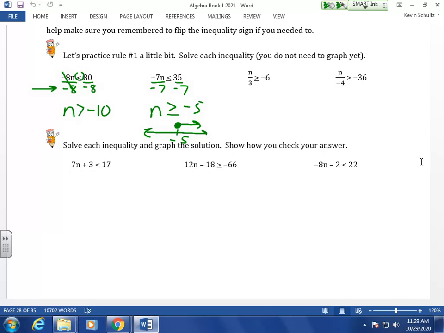You check it first by changing the inequality sign to an equal sign to make sure that the number you got is right, and then you would plug in a number that works in your equation to see if the equation works. Sure. And so if it didn't have the or equal to, would you only check it the one time?